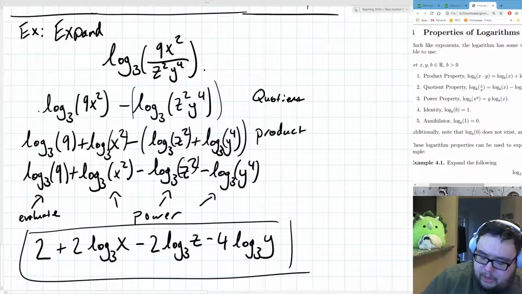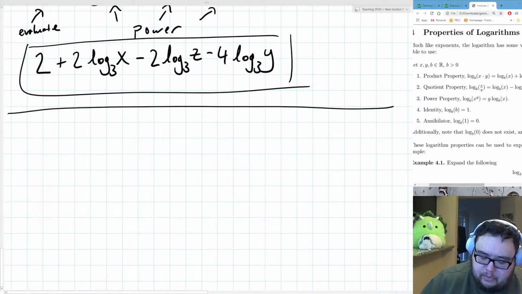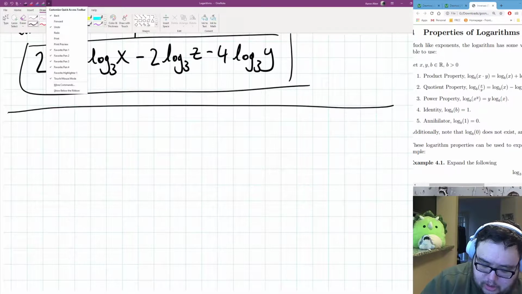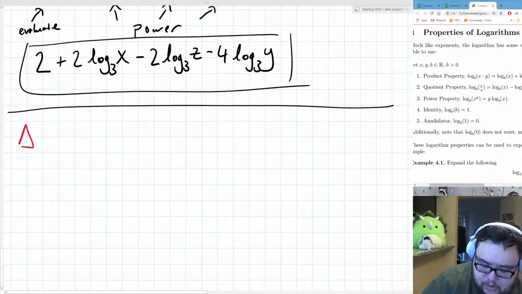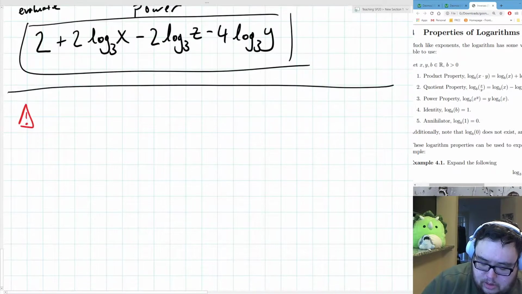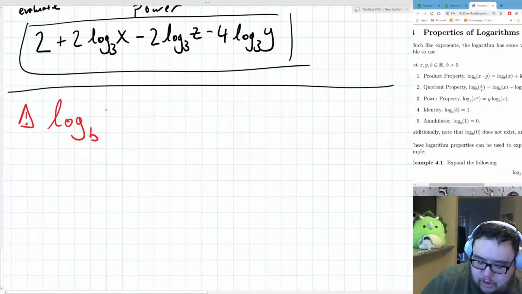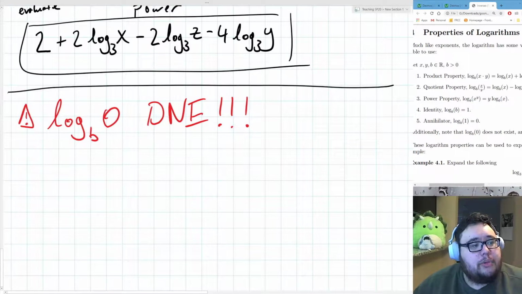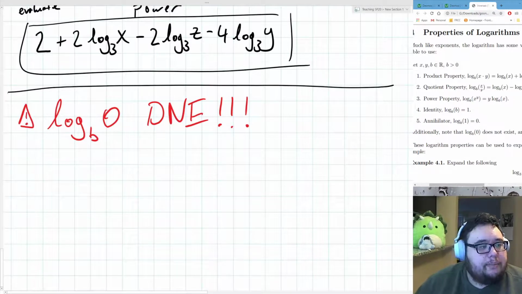So there were a couple of properties that are important that I skipped and I shouldn't have skipped. Let's put them in red quick. So log base b of 0 does not exist. You cannot take the logarithm of 0, okay?